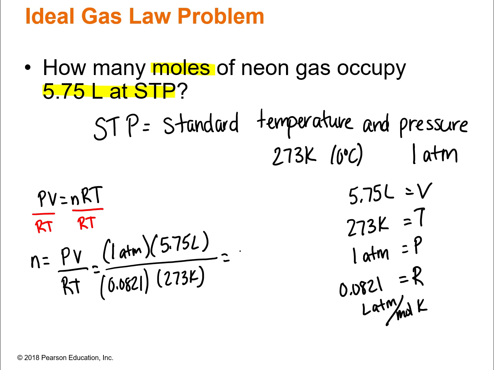When you do the math, you should get 0.257 moles of neon. So it's just figuring out what all your variables are, assigning those, rearrange, and then plug and chug, which is what they used to say in all my math classes. Plug and chug, plug and chug. I hated that, but I used it.